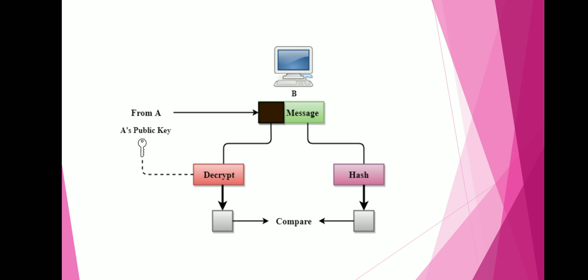If both are the same, then we can say there is no attack. The message is not modified, and we can authenticate A. So this message is sent by the intended sender, that is, it arrived from A only. Here we can provide the authentication as well as the integrity service. This is about digital signature.